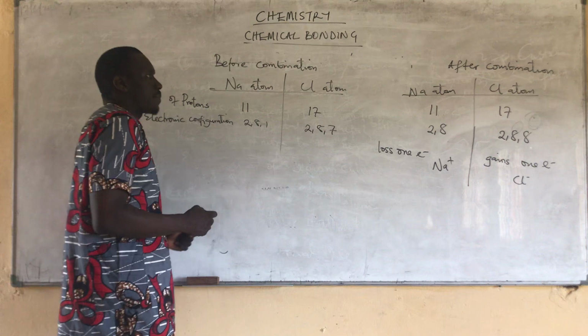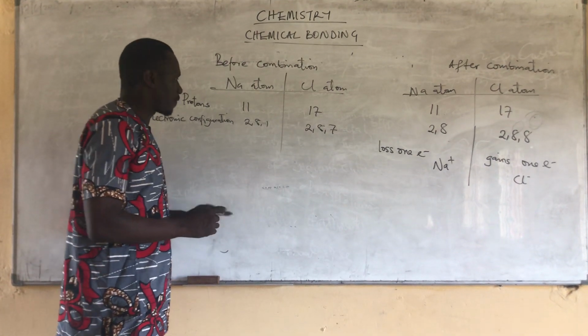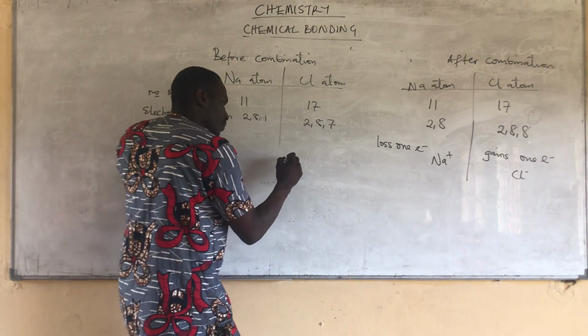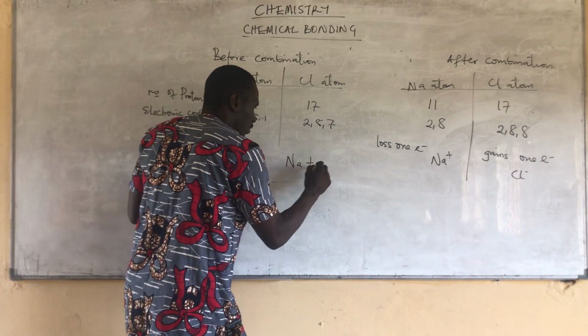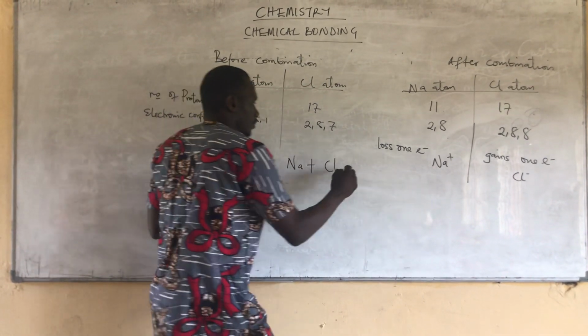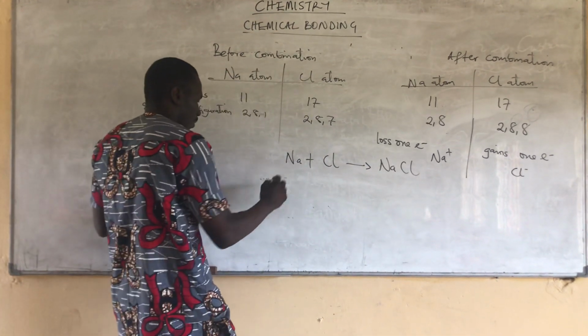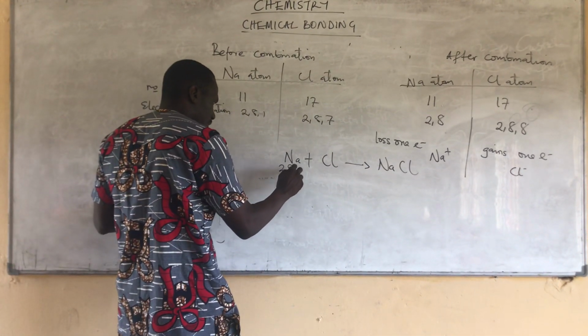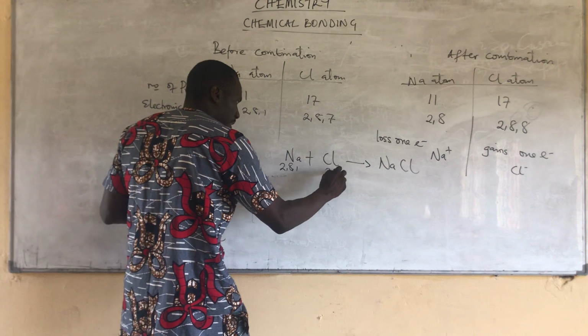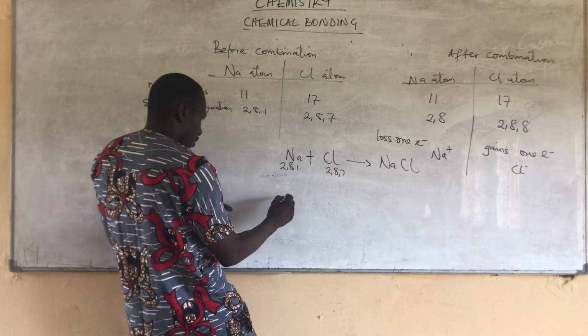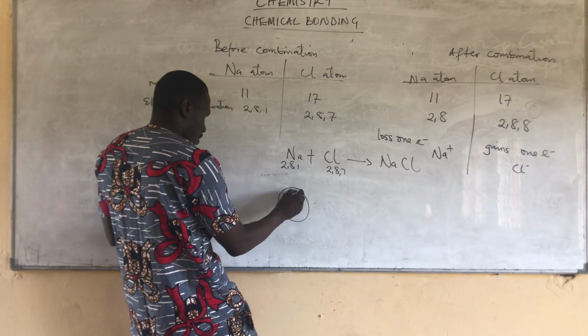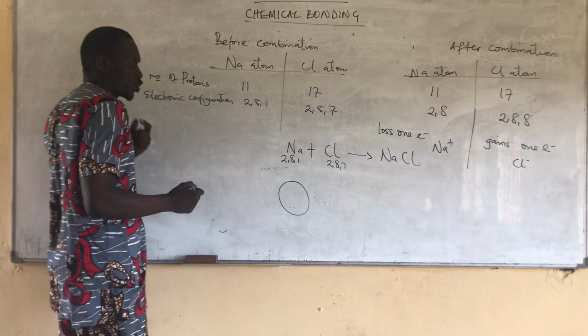Let's see the graphical representation of this formation. Sodium plus chlorine to give you sodium chloride. Sodium 2,8,1, 2,8,7 for chlorine. Let's represent the outermost shell.